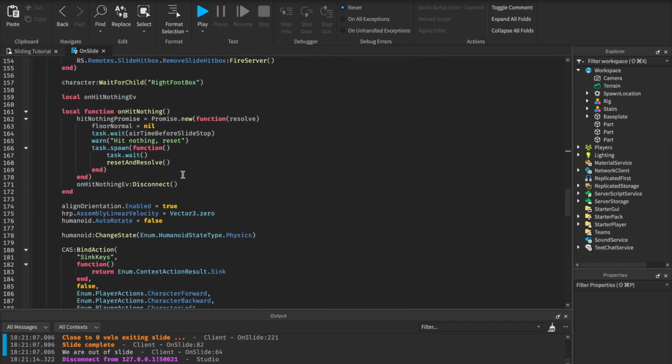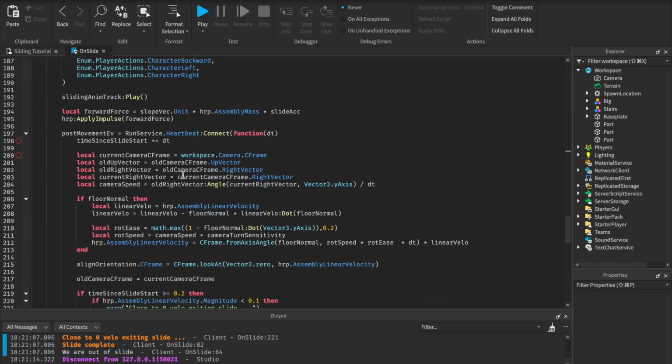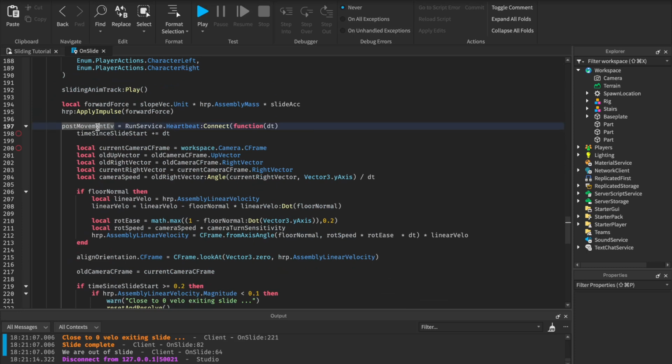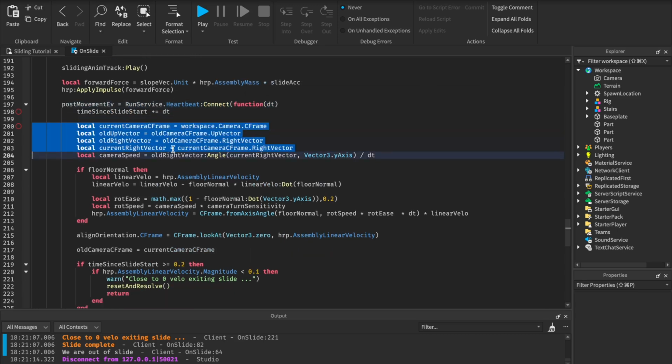And so there's that. The other big changes have been made in this heartbeat function, and these are all new variables that were not there before. If you want to compare and contrast, I would look at the previous sliding tutorial and now. That will give you an idea of what changed.